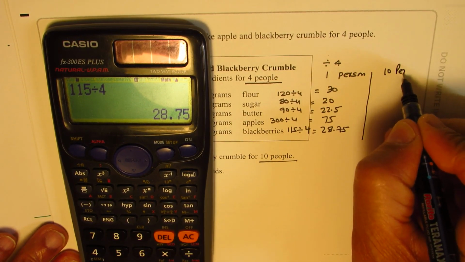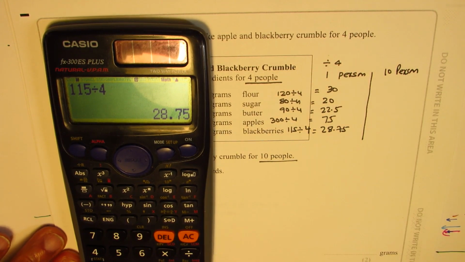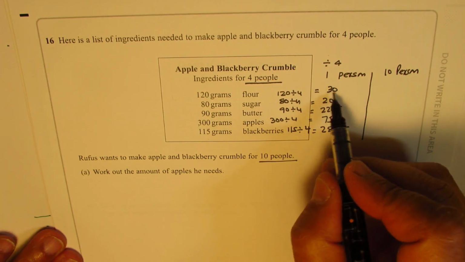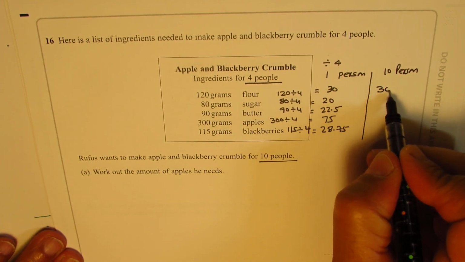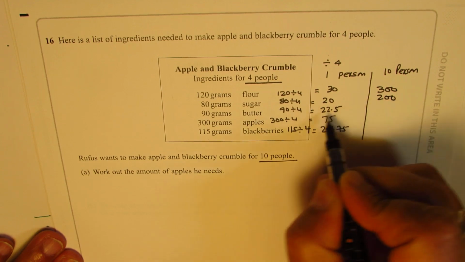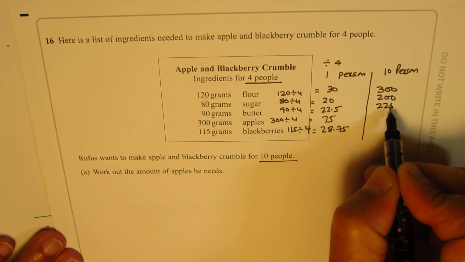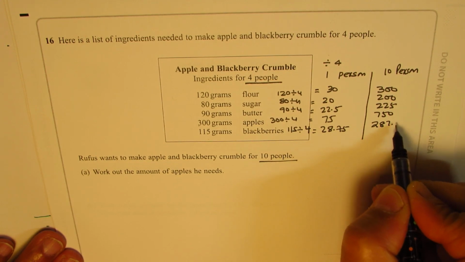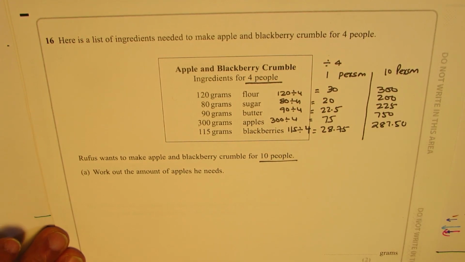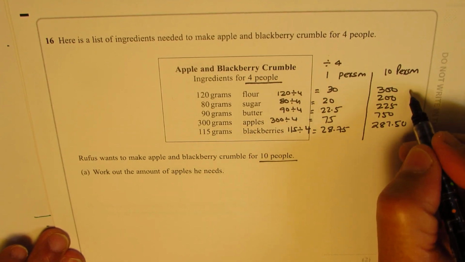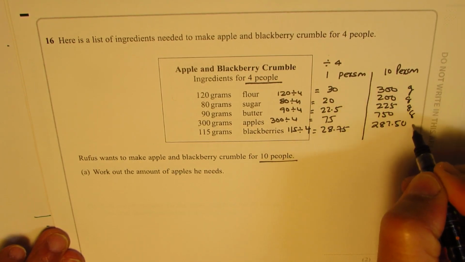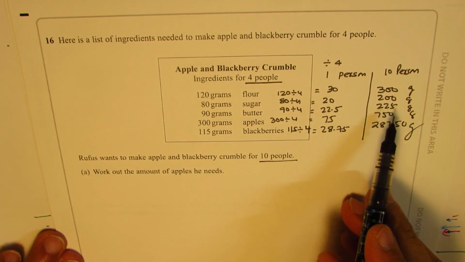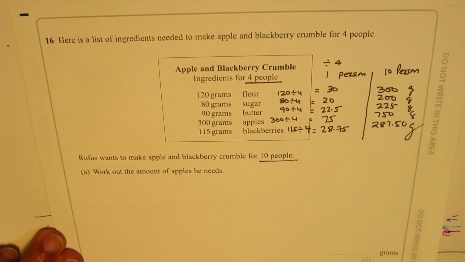So we need to multiply these by 10. Now 10 is like a place value change, right? So 30 becomes 300. 20 becomes 200. 22.5 becomes 225. That is 750. And that becomes 287.50. It's good practice, correct? So all these units are in grams. So that becomes our answer, right? So I've shown my working here and given the answer here itself.